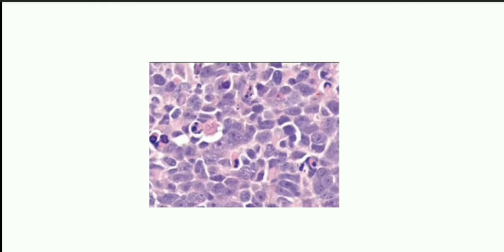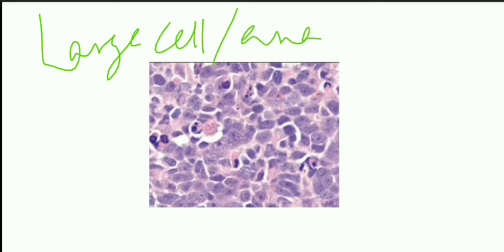In this picture, what you are observing is the large cell or anaplastic variant. Here you can see large cells, bizarre cells and all. That is why the name is large cell or anaplastic variant.